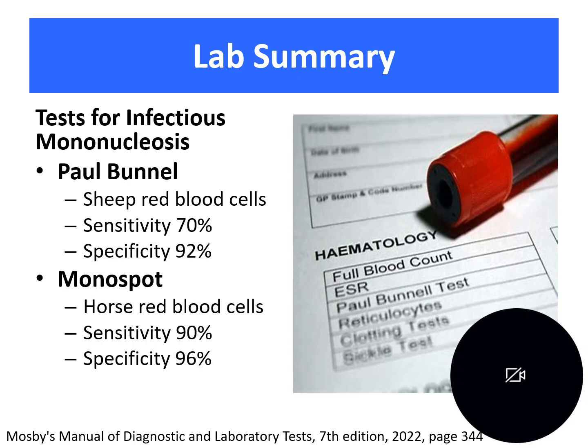But I have a feeling boards could still ask you about the Paul Bunnell test, and they would expect you to tell them this is used primarily to tell whether the patient has recently or in the past been exposed to the Epstein-Barr virus, which is human herpes virus type 4.